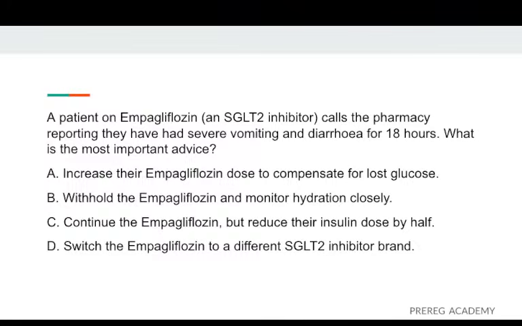Okay. However, for insulin, do patients need to stop their insulin if they are sick? Is that appropriate advice if they experience severe vomiting and diarrhea? Now I'm asking about sick day rules in patients who have diabetes.